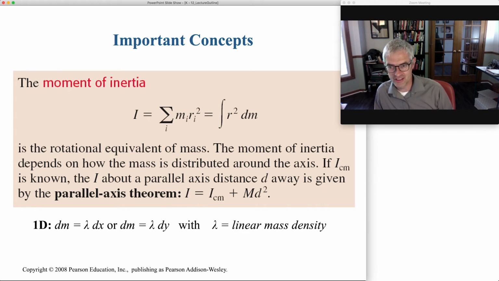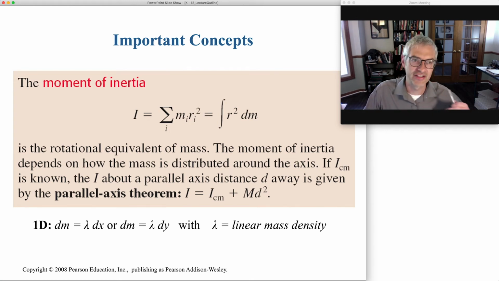We're going to see in just a little bit how this plays out, and it's going to give us a recharacterization of Newton's second law. It's telling us how hard it is for an object to rotate. Whereas mass or inertia told you how hard it was to accelerate an object, this moment of inertia is going to tell us how hard it is to rotationally accelerate an object. We'll see that in a little bit.